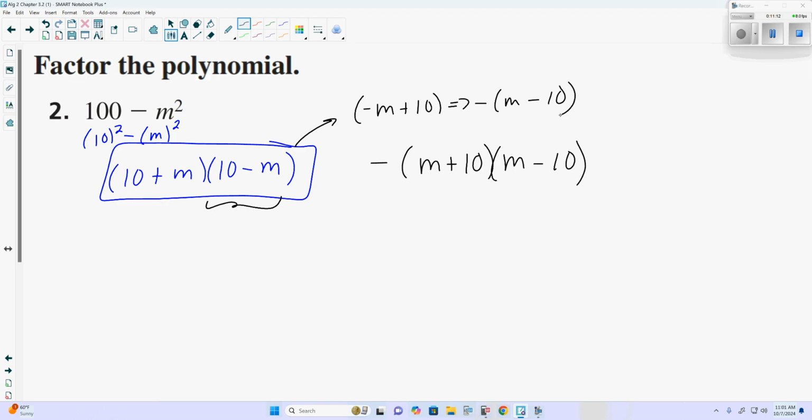Because we flip it, the m's negative, so I pull the negative out, which makes the m positive, but the 10 has to go from positive to negative. Does that make sense? For all intents and purposes, we can leave it alone and just do 10 plus m, 10 minus m. Even though the variable ended up second, we just put it in the second spot.